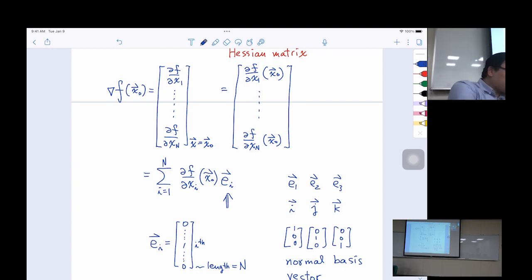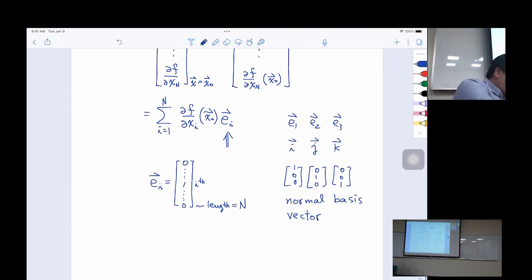So you can write it in this way, and Einstein would like to write it in this way. He just ignored this guy. This was ignored.